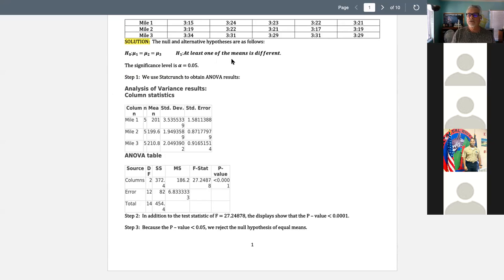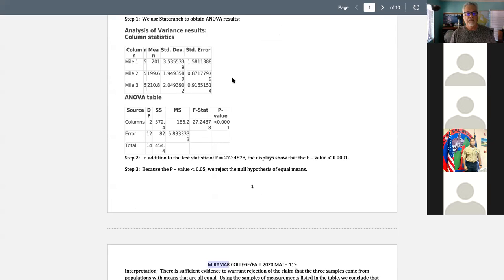If we don't reject the null, or even if we do, does the data indicate to us that one of the means is different? Certainly, if the null hypothesis is rejected, we can state that at least one of the means is different. If it's not rejected, we still may be able to see some differences, but they won't be significant at the 5% level. That'll be the caveat.